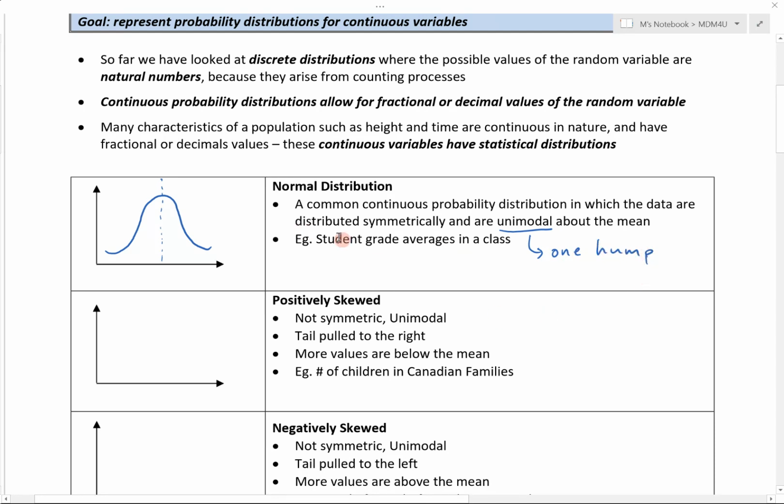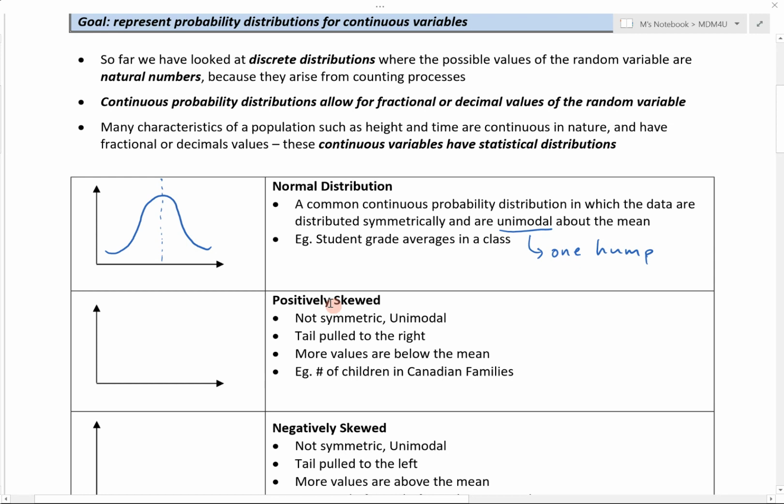An example could be student grade averages in a class. A lot of things in scientific studies, nature, and randomly occurring occurrences can usually be modeled using a normal distribution. So it's a very common distribution in our study of mathematics.